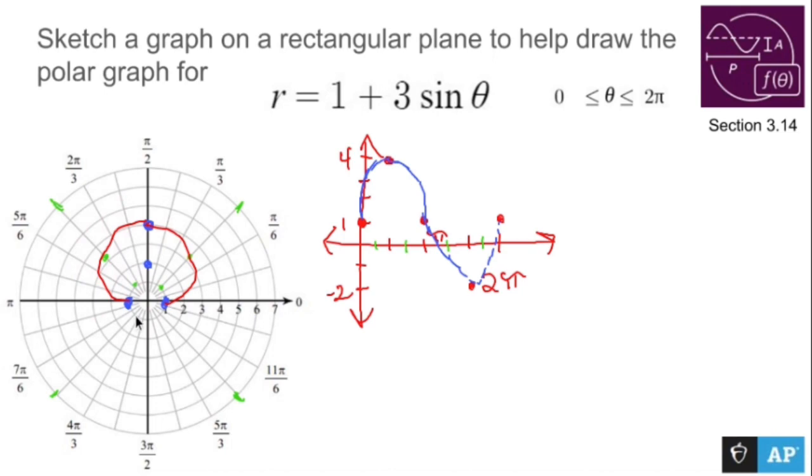As I go from pi to 3 pi over 2, and this is where it gets weird, I'm now hitting negative area going through that dot right there. And as I go from 3 pi over 2, I hit that dot right there and start at the very beginning, which is a very good place to start.